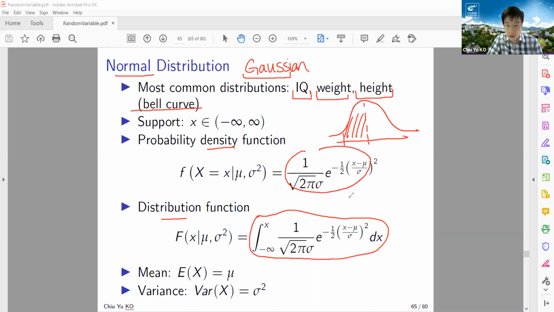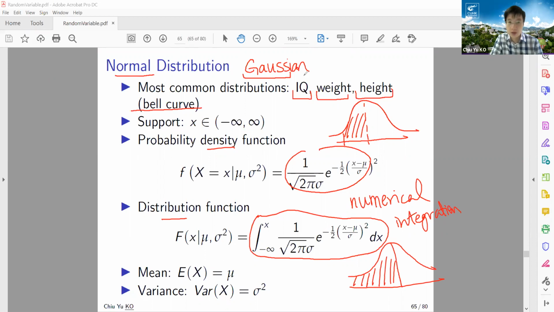We have to use what we call numerical integration. So to find, say, this area, there's no particular function you can plug in. What the computer actually does is find very small rectangles to approximate the area, okay? So that's why we rely on the computer.